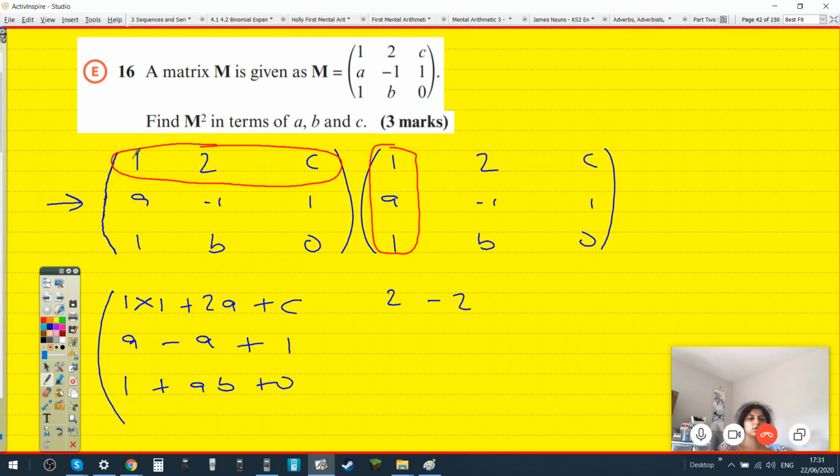The 1, 2, C row times the minus 2, minus 1, plus BC. Yep. And then 2A. What are we doing again? So we did the second row and the second column. 2A.